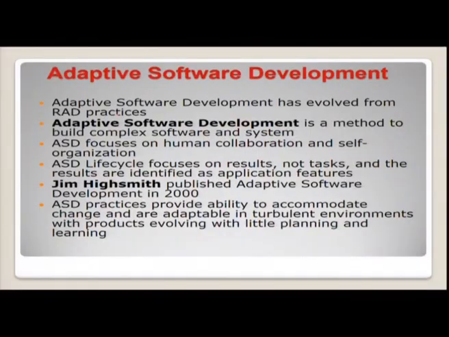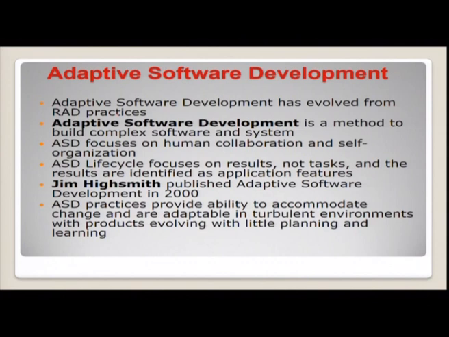The RAD model is suitable for delivering fast-paced projects of very short duration. The entire product is delivered within a span of 30 to 90 days. Similarly, ASD in Agile has evolved from the RAD practices.